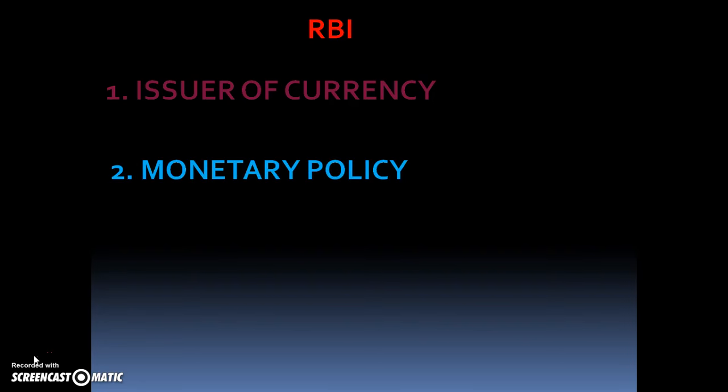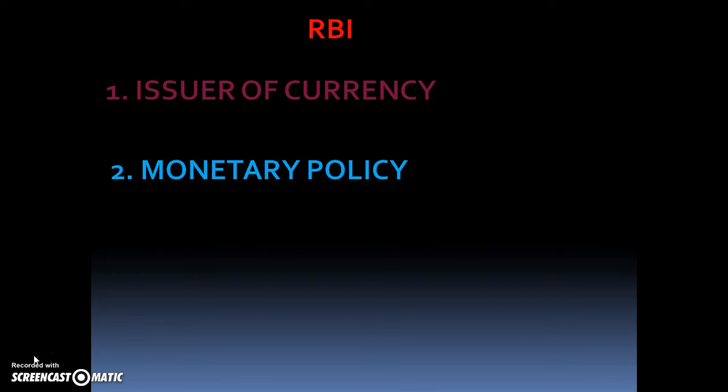And the second function of RBI is monetary policy. Basically, it's the RBI that decides the flow of money in the system. It is governed through different tools. Monetary policy actually means money should be evenly distributed in the system.